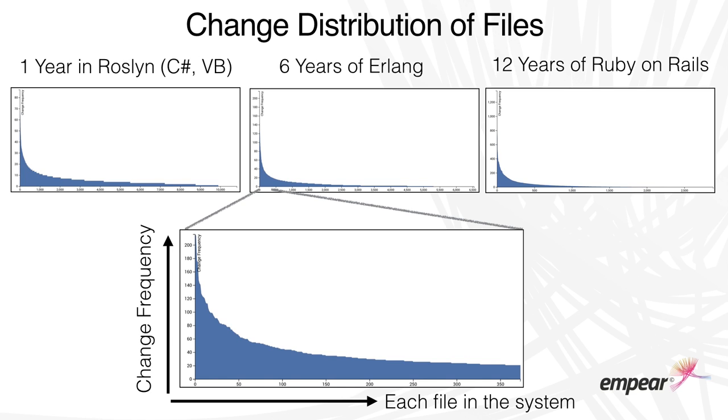This chart presents the data from 3 radically different systems implemented in different technologies by different organizations, and we'll look at a different time frame. Yet they all show exactly the same pattern. They show a power law distribution. And this is something I've found in every single codebase that I've analyzed.